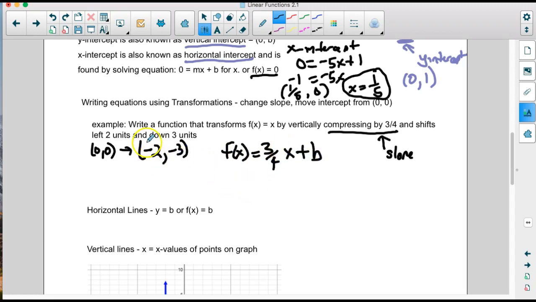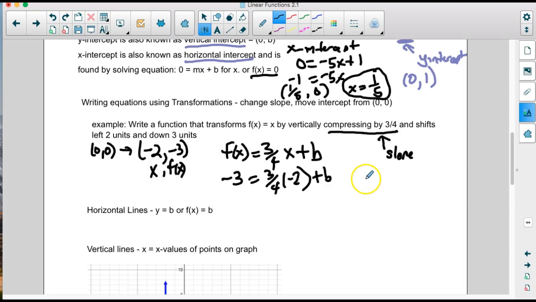We know this shift, so we have values of x and f of x to put into this function to find out what b is. We know that f of x is negative 3 at this point, and x is negative 2 at that point. We would then find the y-intercept so that we can write the equation of the function.